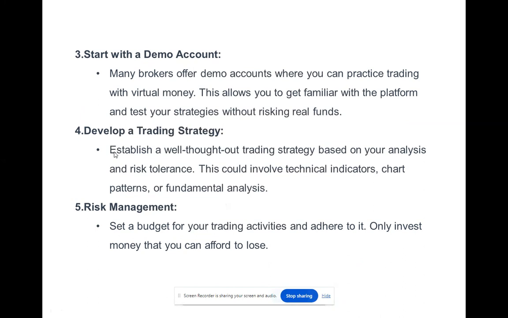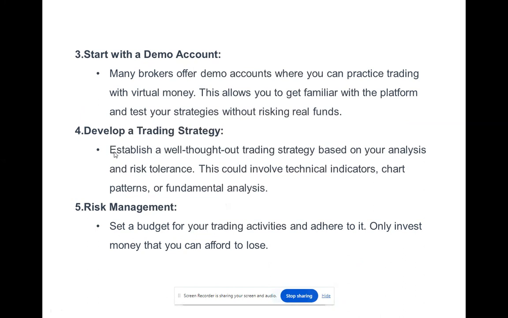A demo account is just fake money. You can't withdraw it, it's just for you to practice. This allows you to get familiar with the platform and test your strategy without risking real funds.